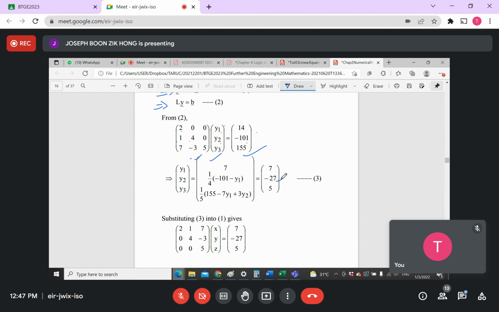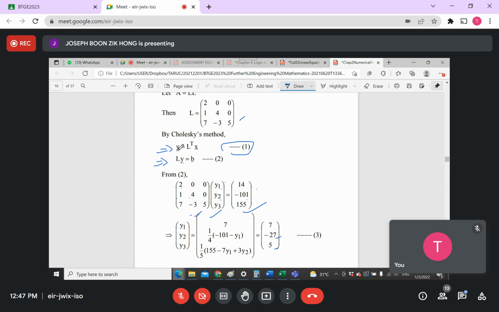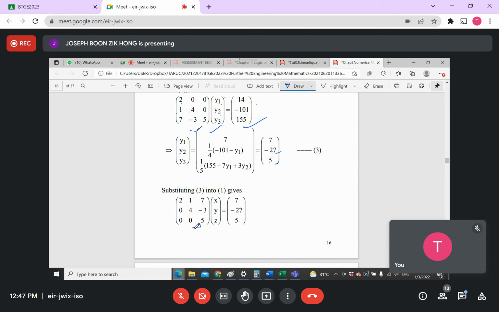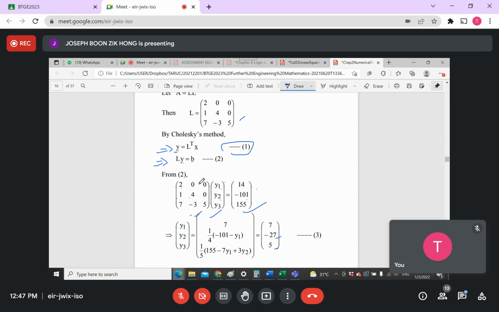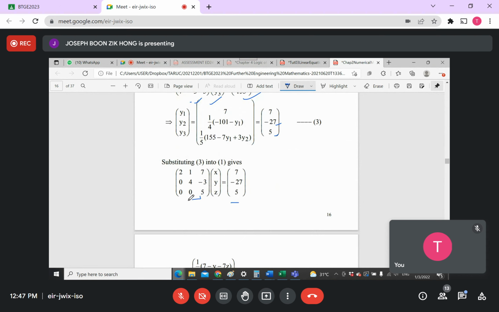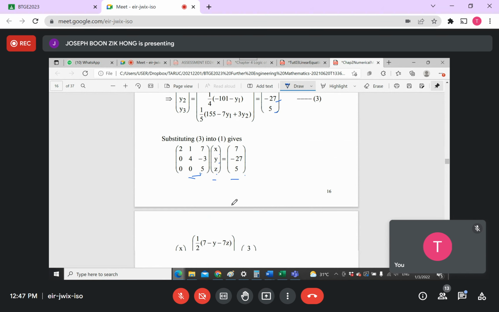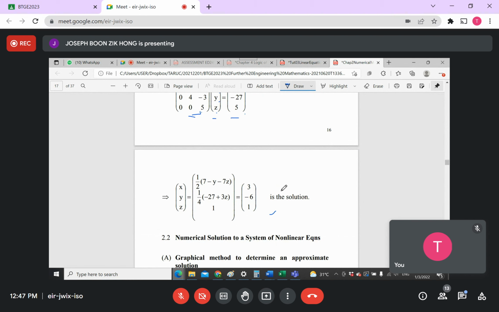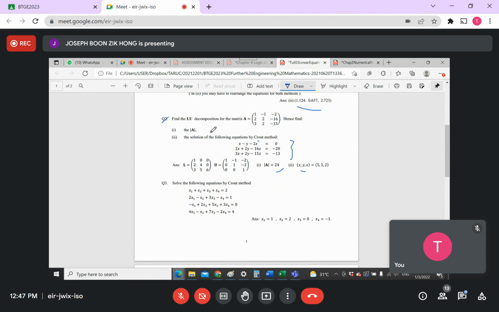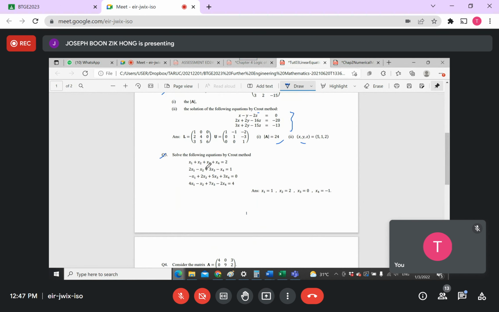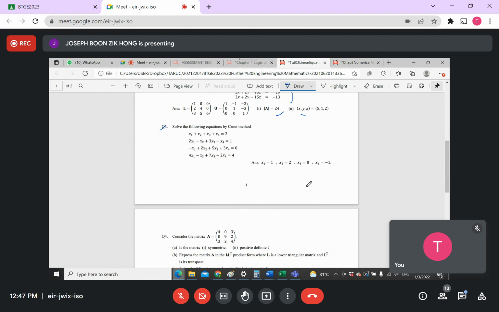Hence we get Y2 and also Y3. Then Y equals LTX, so you get 5z equals 5, so z equals 1, and then continue to get y and x, so you will get this. Now we try question 3. Now it is your turn to try question 3.